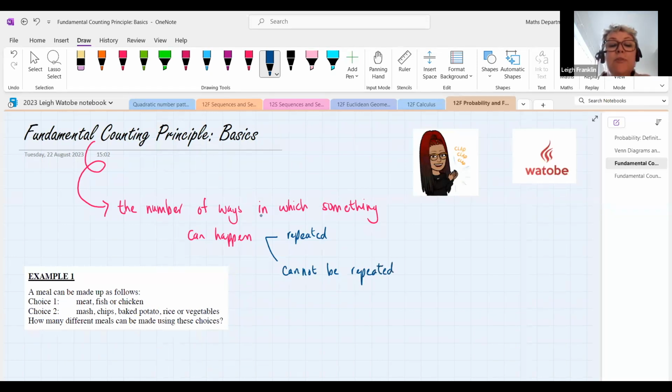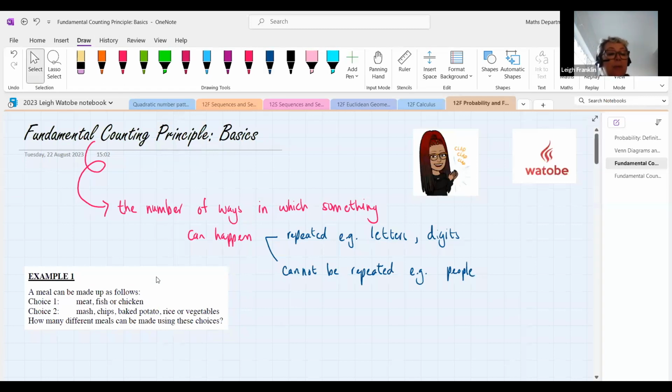When it comes to things like letters or digits, numbers, they can be repeated. They can also not be repeated, but these are things that can be repeated. If we're talking about something that cannot be repeated, like people. So we just need to be careful of the changes that happen when things can be repeated or cannot be repeated, and we'll talk a little bit more about those this evening.